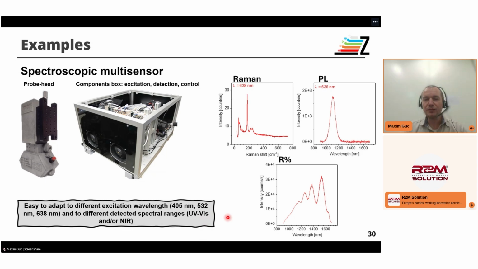So it's also quite relevant when we are changing between different materials, different layers, and different production steps. It depends on all these factors. We need to select the correct excitation wavelengths and the correct spectral range in order to monitor the signal from the samples.